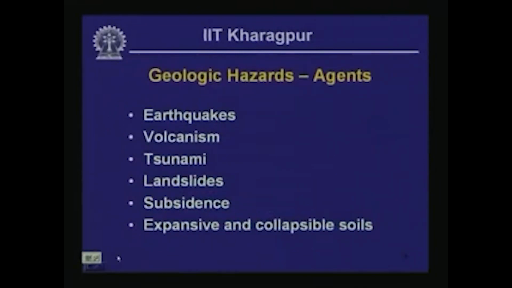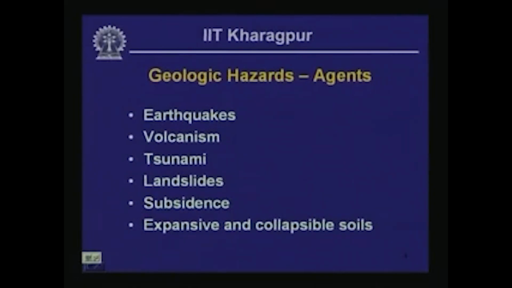Okay. Now, geologic hazards basically could originate from many different factors, and some of the principal factors that give rise to geologic hazards are the following: earthquakes, volcanism, tsunami, landslides, subsidence, and expansive and collapsible soils.